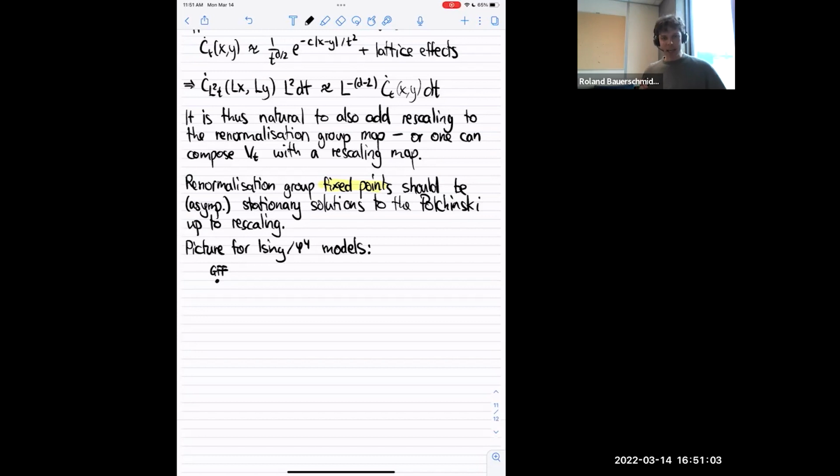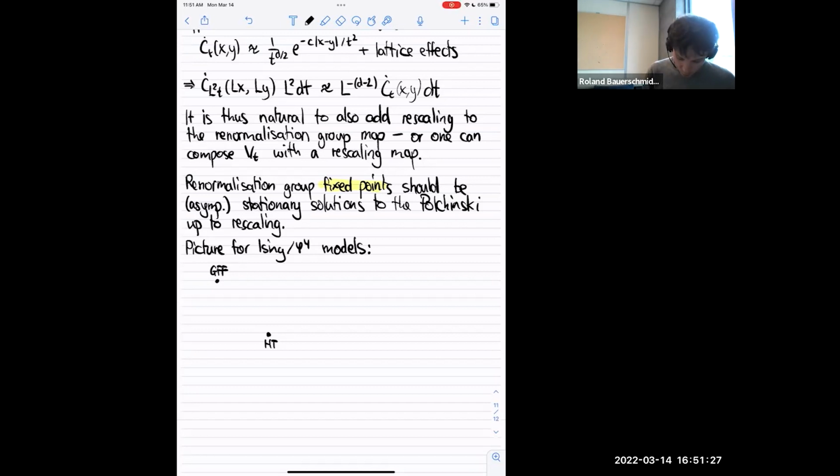But then the sort of picture is that in dimensions above 4, this is essentially the only interesting one. There's also what is called the high temperature fixed point, but let me not discuss this much here.